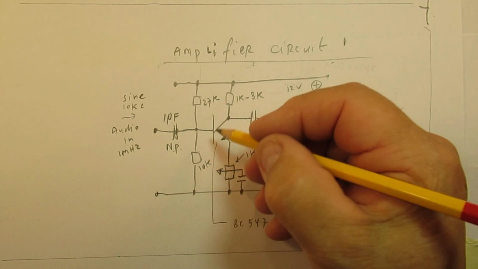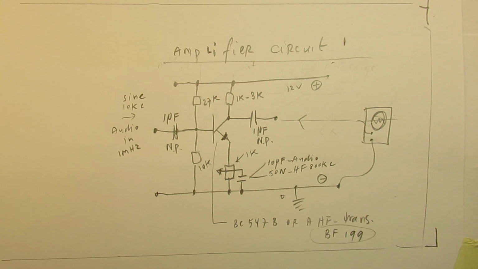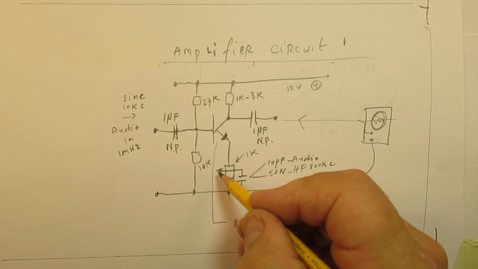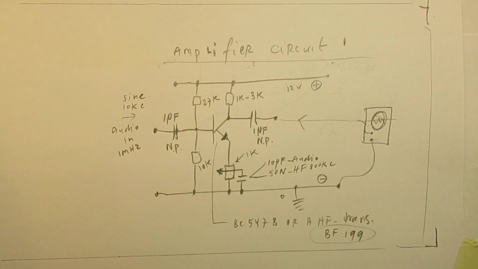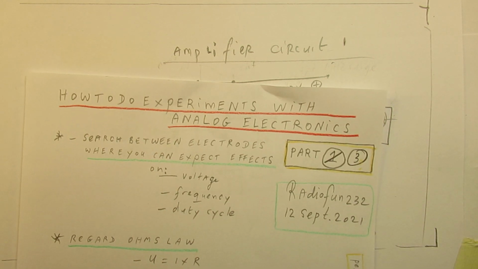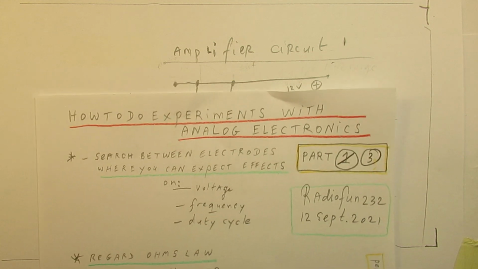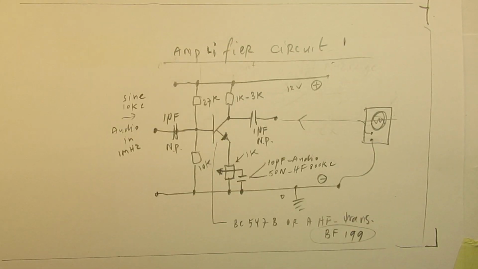Then you have here an amplifier, and it surely works, you can test it. But the more interesting thing is regarding the experiments, how to do experiments with analog electronics.